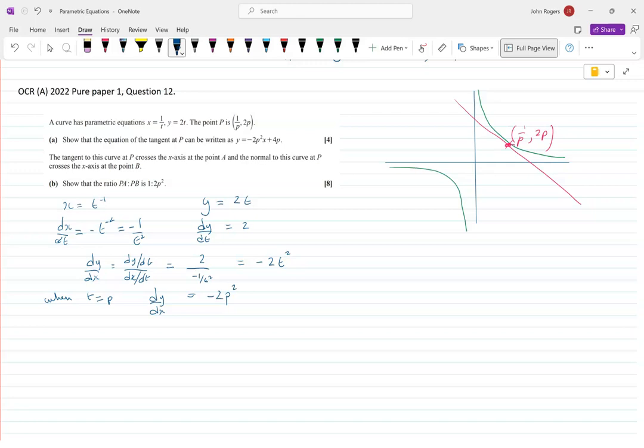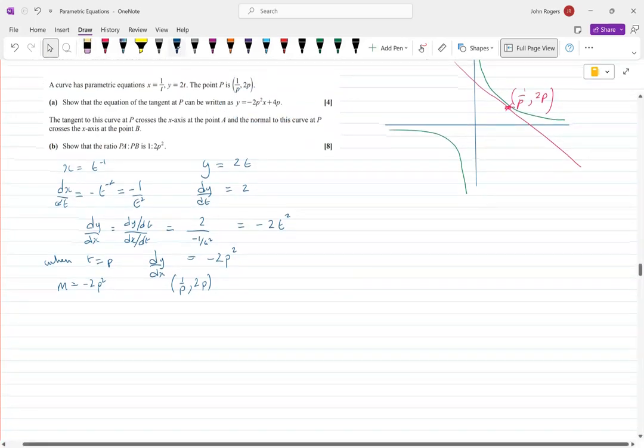Now we're just using whatever method we have. We've got a gradient, m equals minus 2p squared, and we've got a coordinate 1 over p, 2p. So we're just finding the equation, which should then give us this equation here.